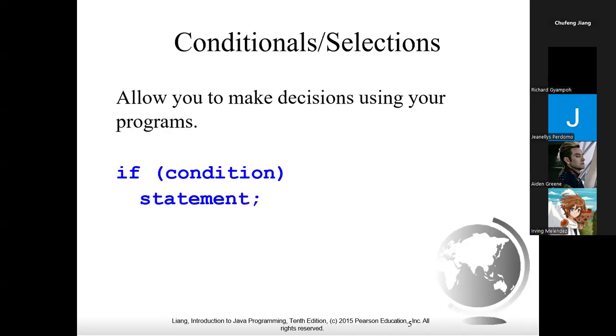So those conditions allow you to make decisions in your programs. In this example, a certain condition is placed between the parentheses, right? And after the if condition, there is a statement that matches the condition.